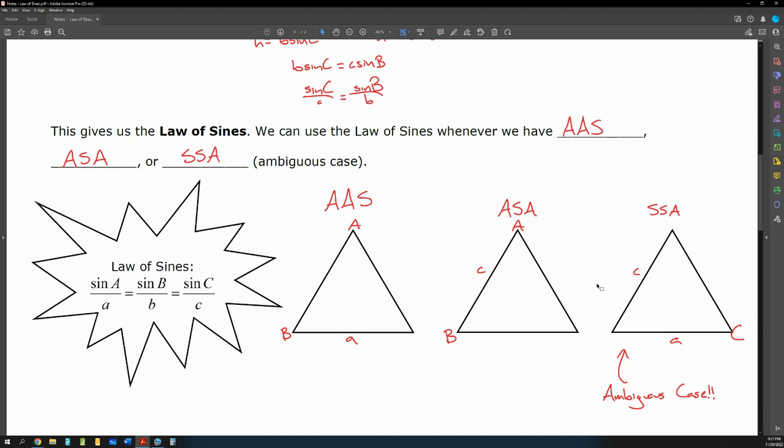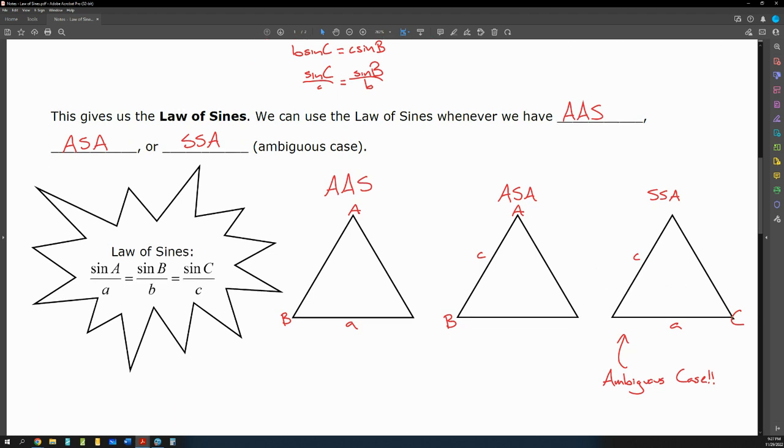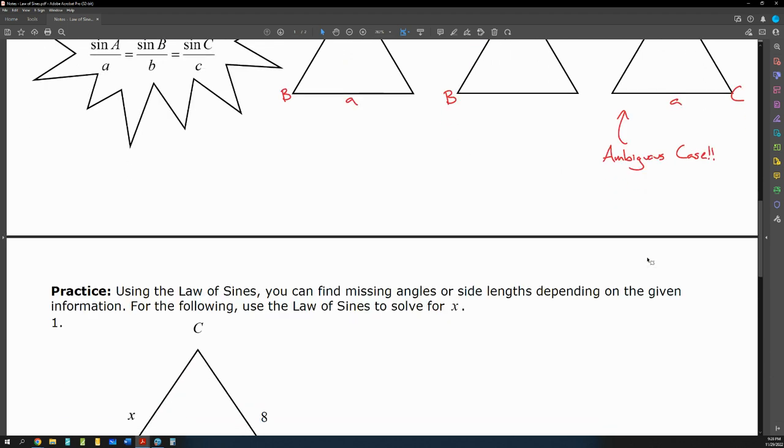But just as a preview, it's called the ambiguous case because when we have this set of information, it's ambiguous whether we have 0 triangles, 1 triangle, or 2 possible triangles. It does not clearly define exactly one triangle.